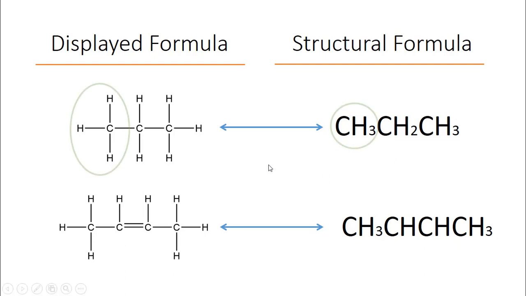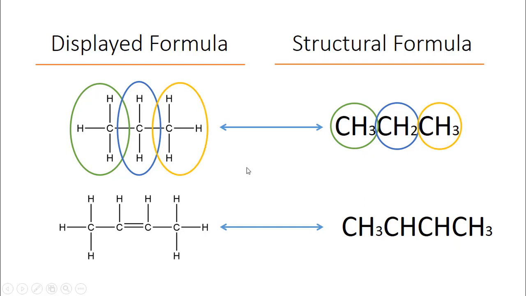We have CH3 at the start of the structural formula, which represents the CH3 at the start of the molecule drawn out here. CH2 in the middle, again a carbon and two hydrogens, and then CH3 at the end. So basically, structural formula gives you the tools you need to go and draw that molecule yourself.